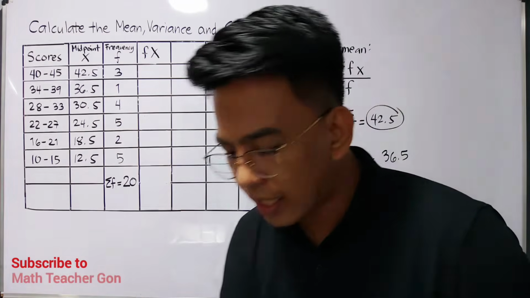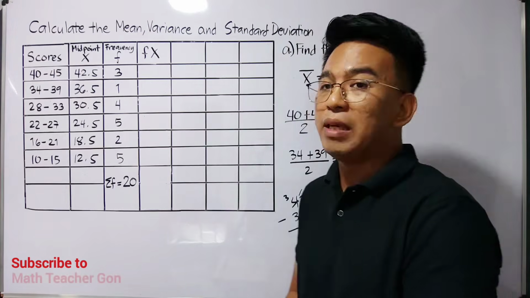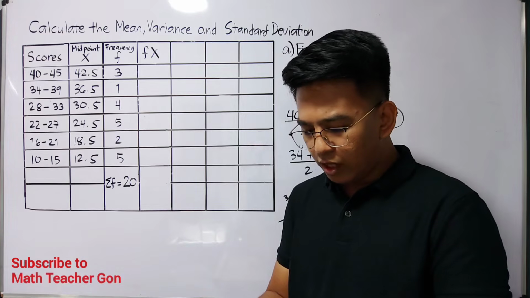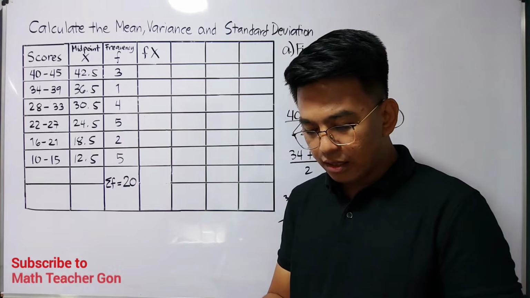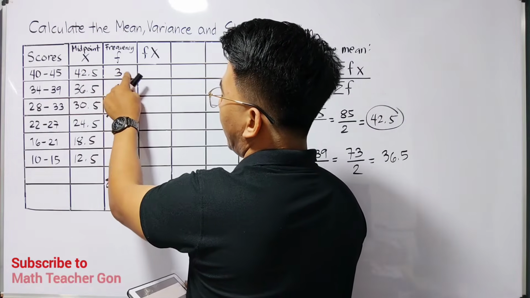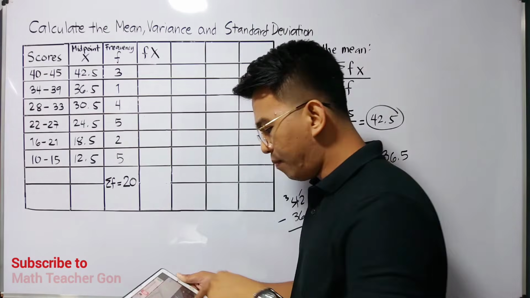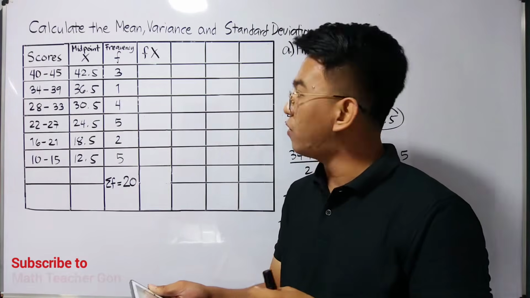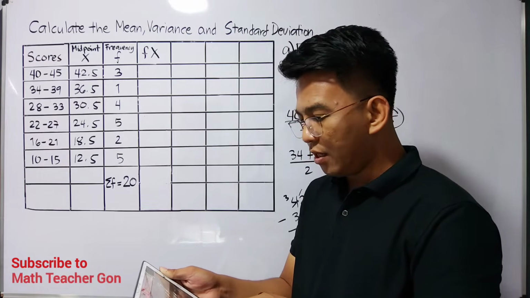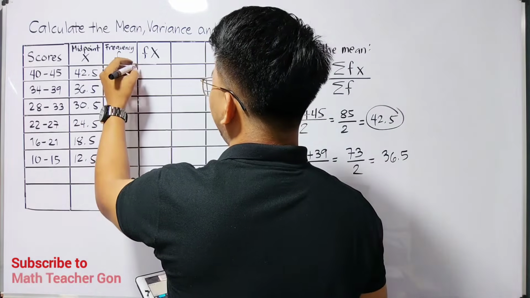Now, to finally get the fx, so we're done with the midpoint column. To get the fx, what we need to do is multiply the midpoint and f, because this is frequency times midpoint. You can use your calculator. We have 42.5 times 3, so that would give us the answer of 127.5.